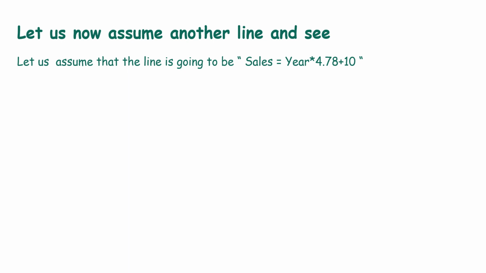Now, this looks like quite an arbitrary line, right? How do you know that it has to be taken as 4.78 times the year plus 10? I'm just throwing out a simple example. This may not even be the right line, but I have taken an example, or probably just intuitively assumed this equation of the line, and I'm trying to see how this line fits the given data set.